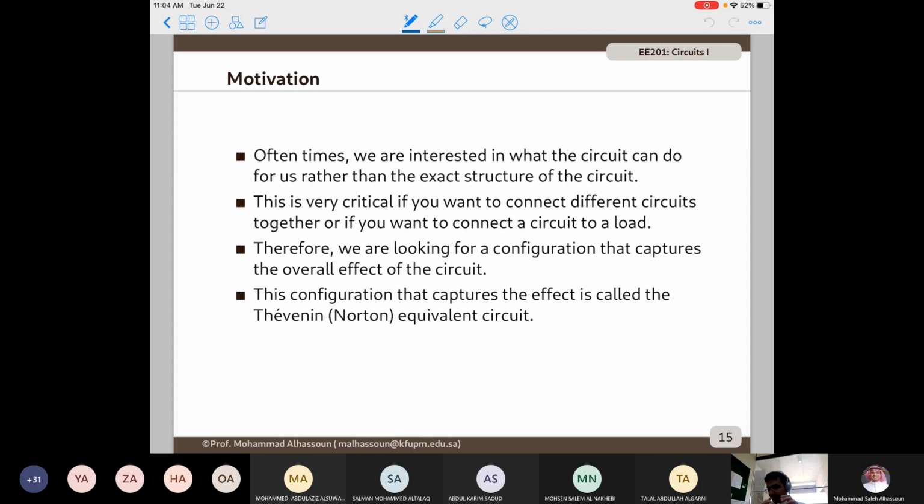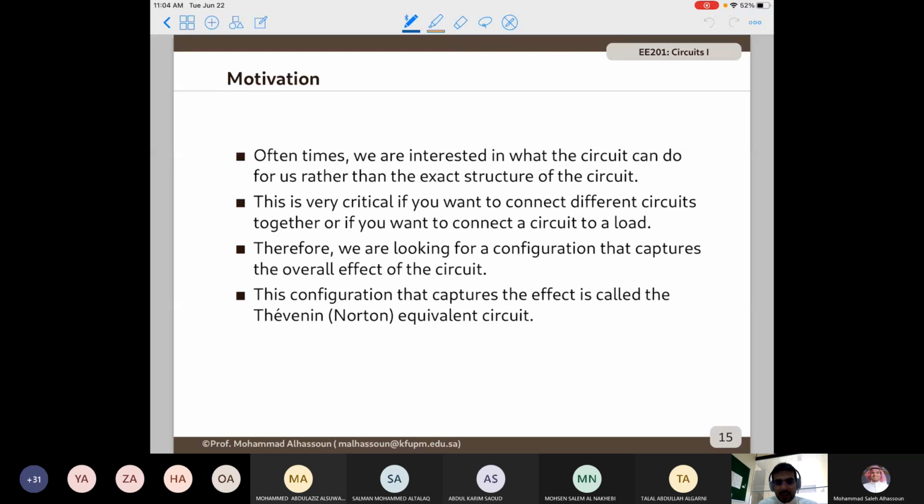It's very important that most of the time you don't care about what's going on inside of these. You will buy a specific IC from the market that's going to give you the amplification. But what you care about is the voltage and the resistance of those, so you can design the remaining part of your system according to the specification that's given to you.